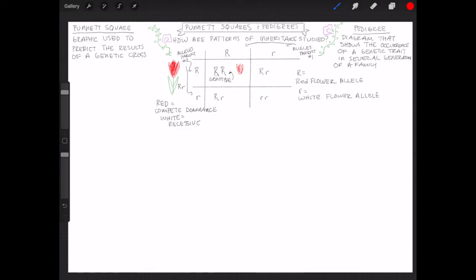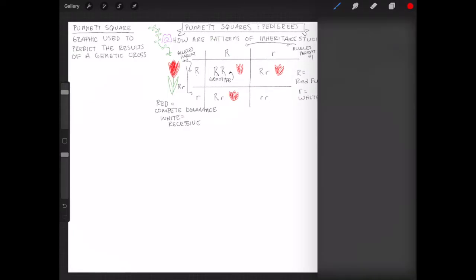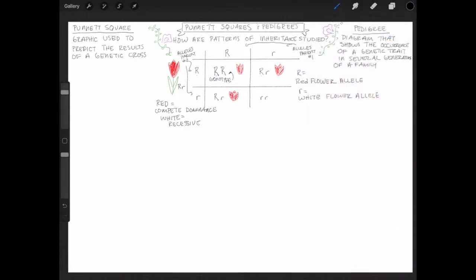I have 1 dominant allele and 1 recessive. I'm still going to have a red tulip, again, because we are assuming complete dominance. And again, 1 dominant allele, 1 recessive allele, red tulip. Aha, but what happens over here with my 2 recessive alleles? That's going to give me a white tulip.